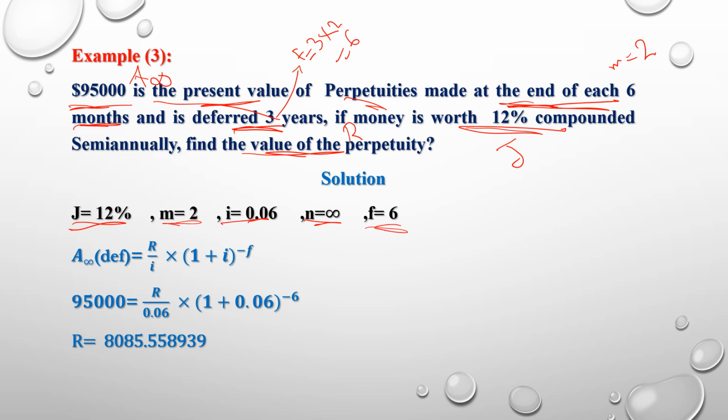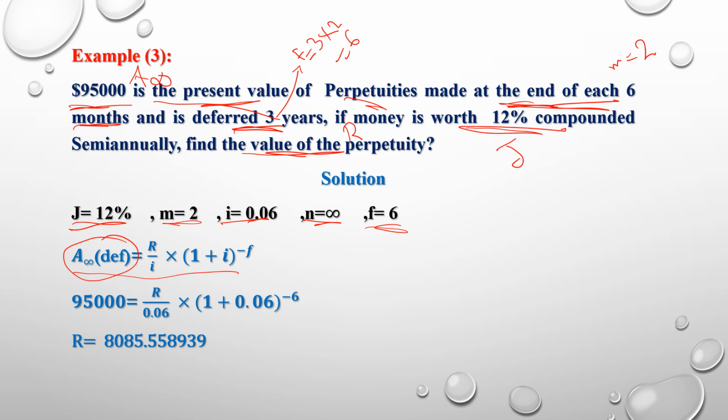Again, the present value of a deferred perpetuity, and this perpetuity is made at the end, so it's an ordinary one. So R over I times (1 plus I) to the power minus F. This is the formula. By substituting values in this formula, we have the present value of these deferred ordinary perpetuities, which equals $95,000.